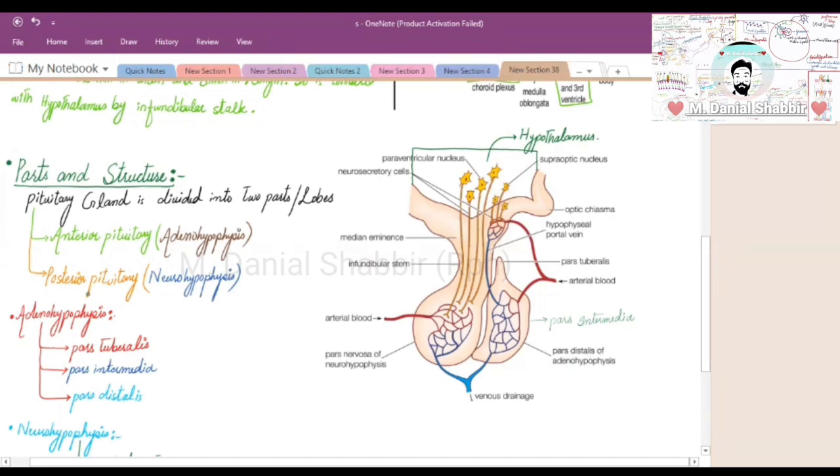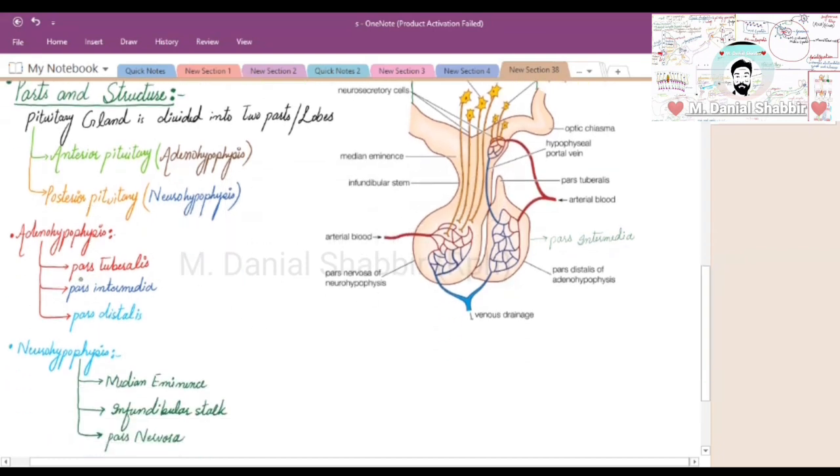Adenohypophysis is further subdivided into three parts: pars tuberalis, pars intermedia, and pars distalis.